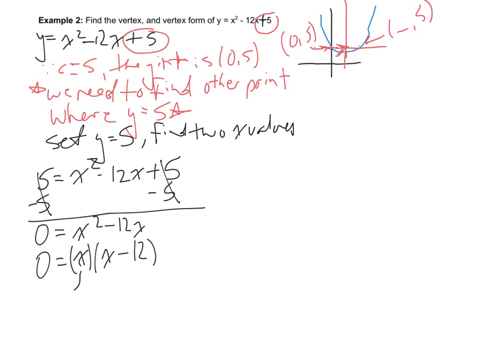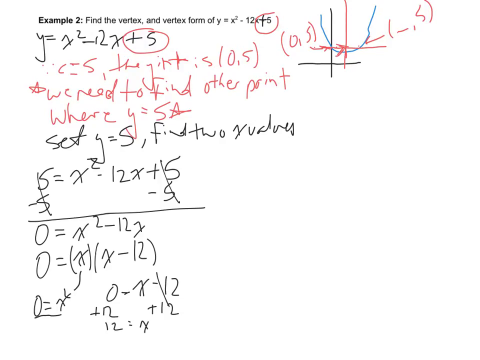Our first situation is 0 equals x, and we already knew that when y equals 5, x equals 0, so that's one of those. The other situation is when 0 equals x minus 12. So we'll have to add 12 to both sides.